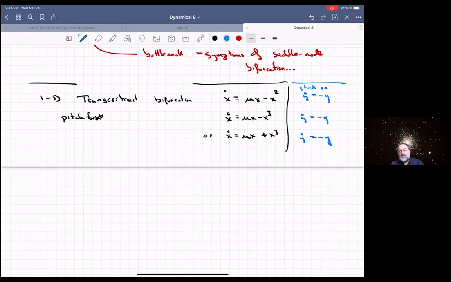Just by taking your 1D bifurcation and sticking on y coming basically down. So y dot is minus y just makes y want to go vertically downwards. Good? Yep, good with that.